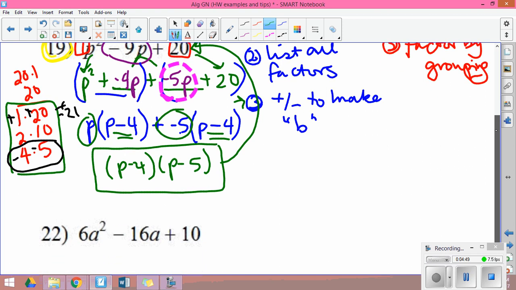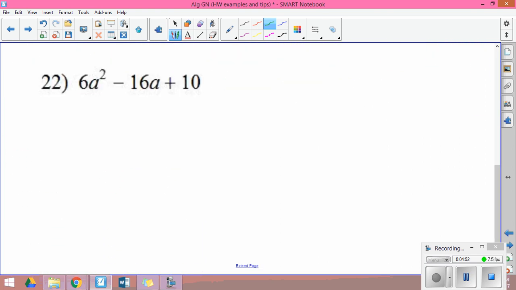So let's go ahead and look at a bigger one. So first of all, greatest common factor. 6, 16, and 10 have a greatest common factor of 2, and that's going to leave 3a squared minus 8a plus 5. What if you forget to do that? Not a big deal. You'll just have to take it out at the end, and you have to deal with bigger numbers.